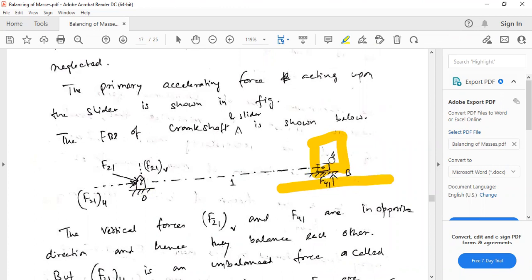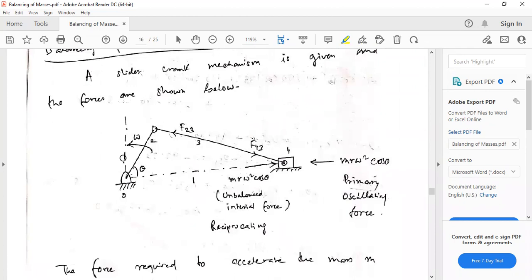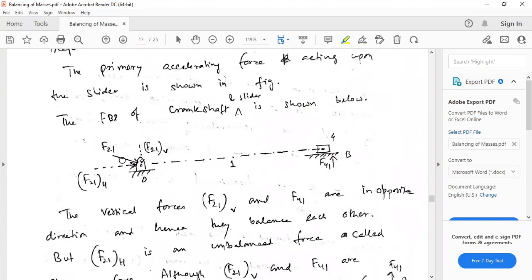The instantaneous center is at infinity, and in this case the direction will be in this direction. So these are the forces. Here again, I'm sorry, these are not centrifugal, this is centripetal force in this case.